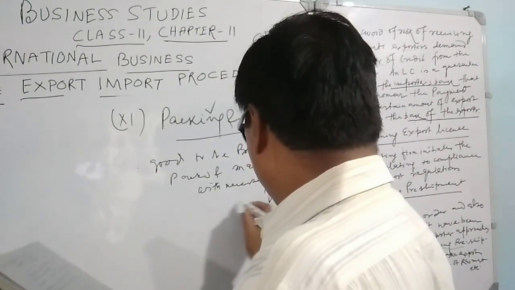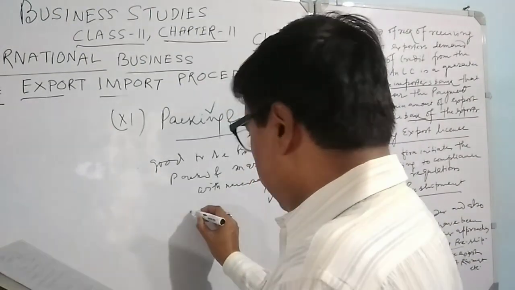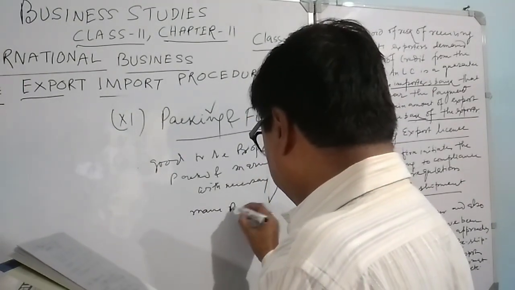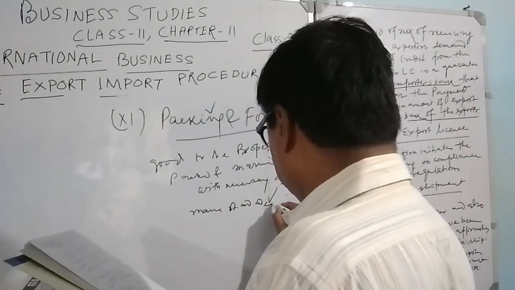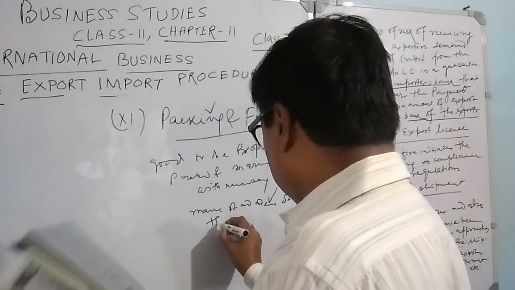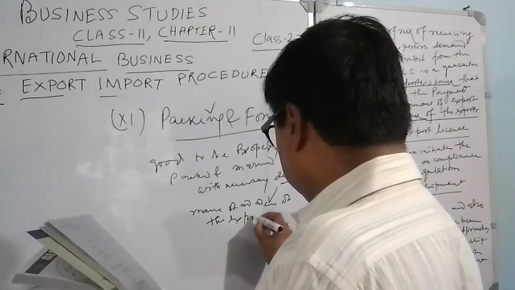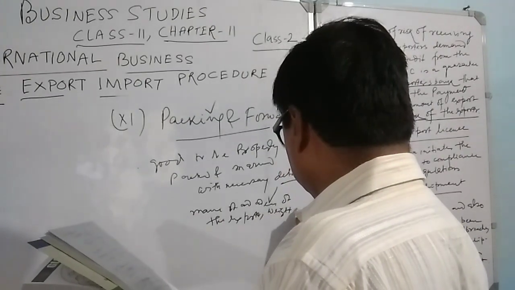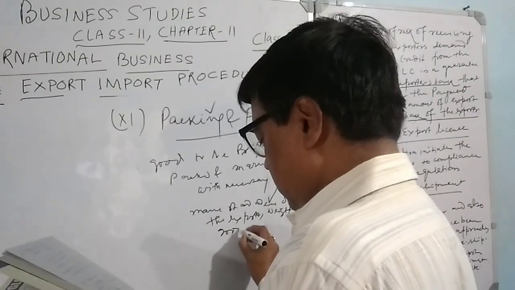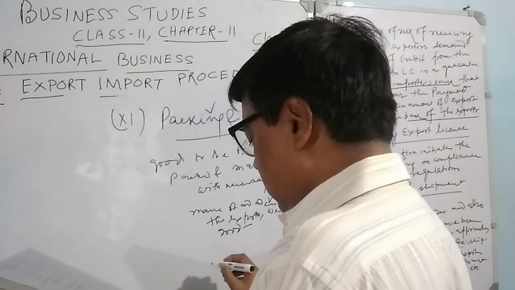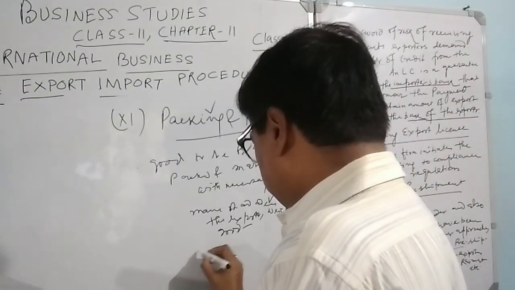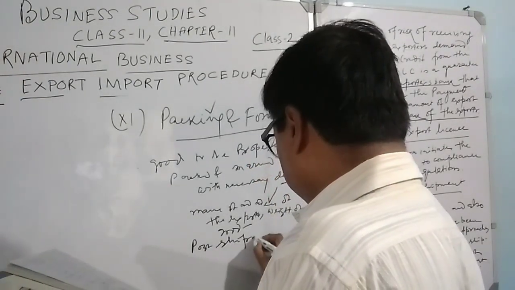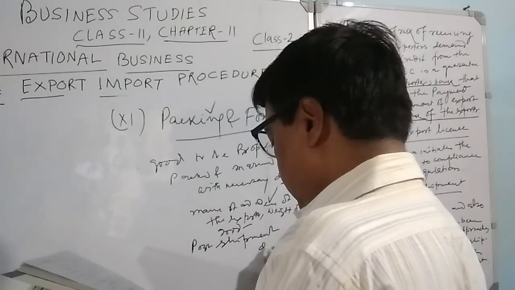Here also, necessary details mean the name and address of the exporter, weight of goods, and post shipment destination.